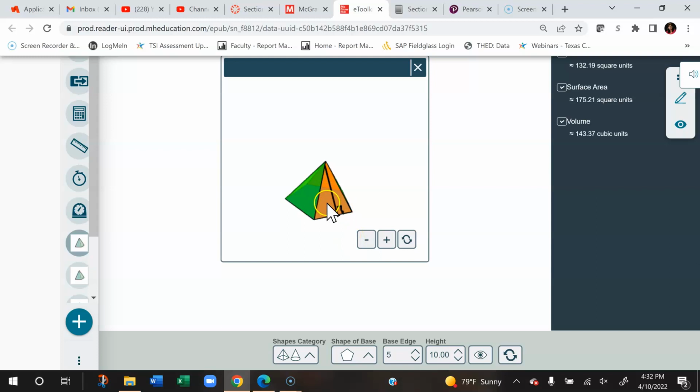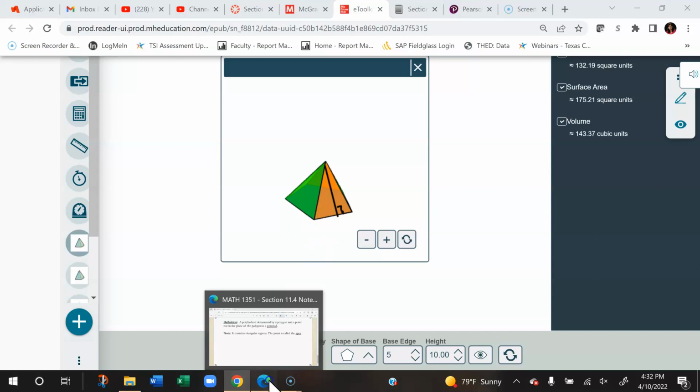Okay? It's where I want to measure most of the time at an angle. So it's not the height from the top to the center of my diagram, it's actually at an angle there.